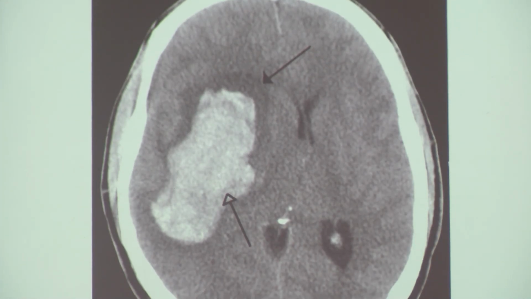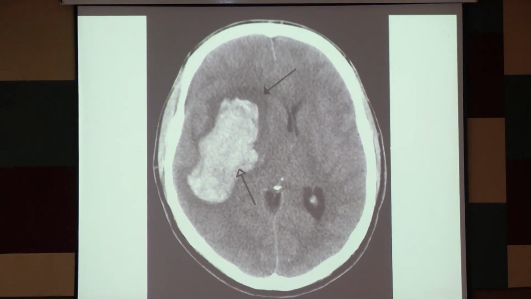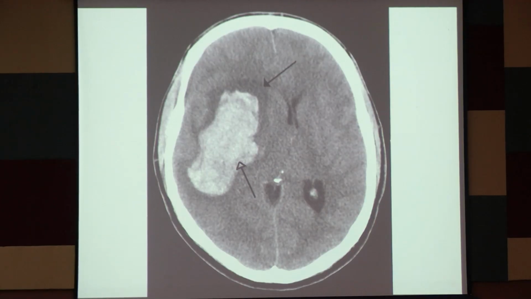This is the usual sign of any hemorrhage, showing the hemorrhage and compressing this. If you look at the hemorrhage side, the periventricular hemorrhage, this is the ventricle. The ventricle is pushed laterally.